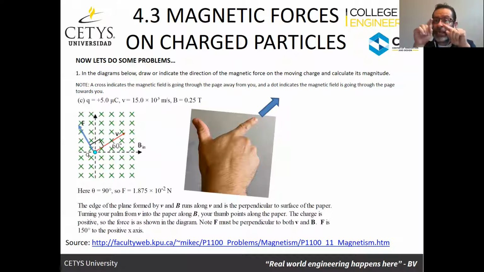now the magnetic field has little crosses. That means the magnetic field is going into the page. These are going into the page, okay? Into the page. I'm looking at my hand here. Yeah. So it's going into the page. Oh, I have to do it the way I'm looking at it here. So I'm sorry.